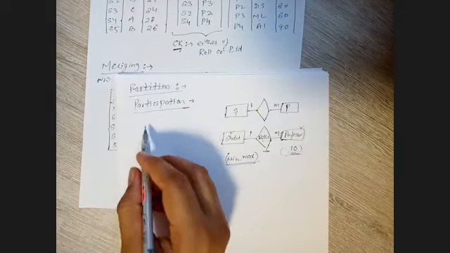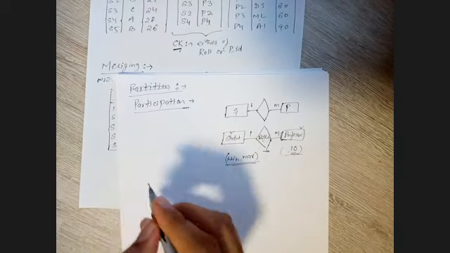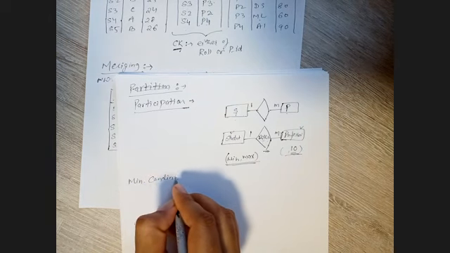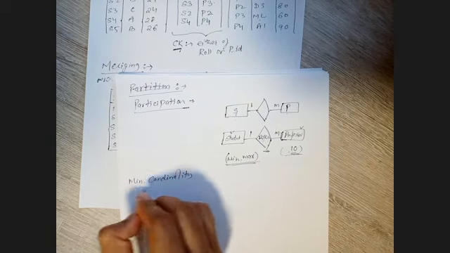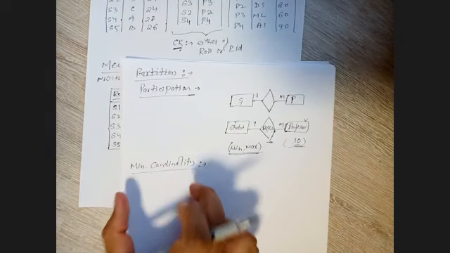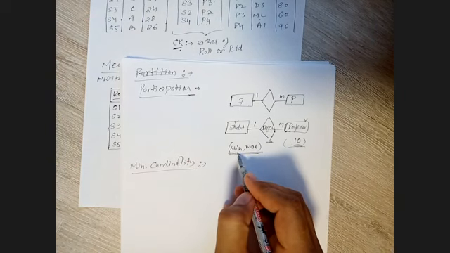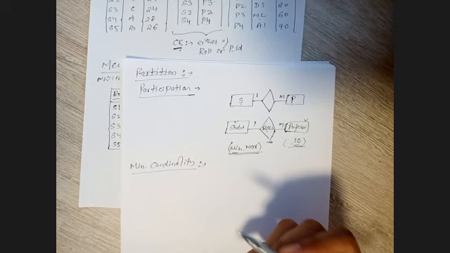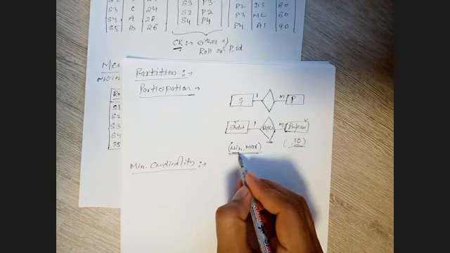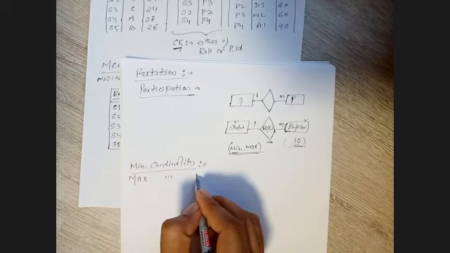In participation, before that, we have something called minimum cardinality. What's that? The minimum cardinality is the minimum number of entities to which an entity must relate through a relationship set. And the same way we have the maximum cardinality.